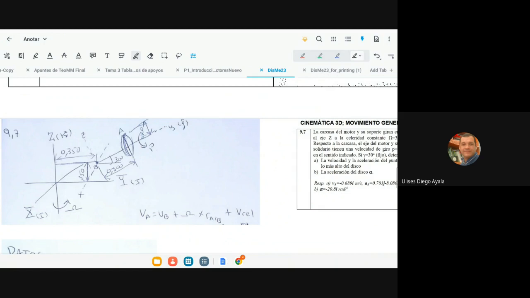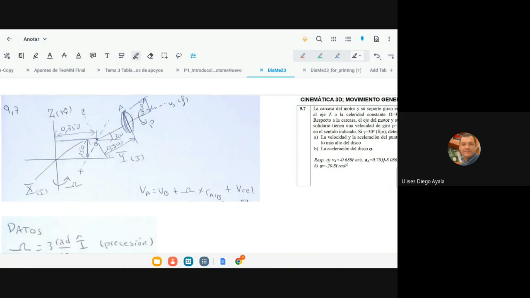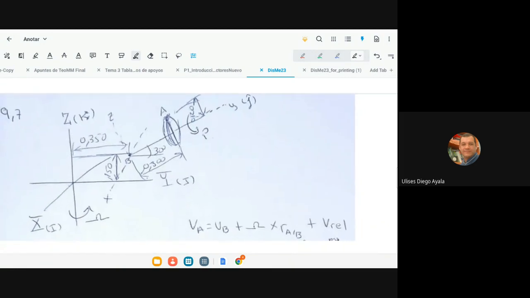Okay, so in this case, it's different because we had this point here, and they have one distance here, another distance here, and this other thing is rotating around this point. So it's a different condition. You have the rotation, but it's not around the same point.